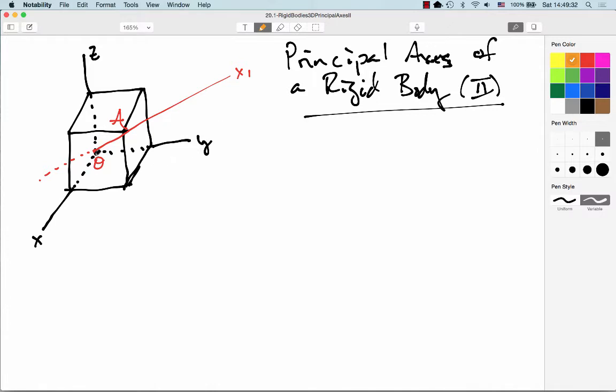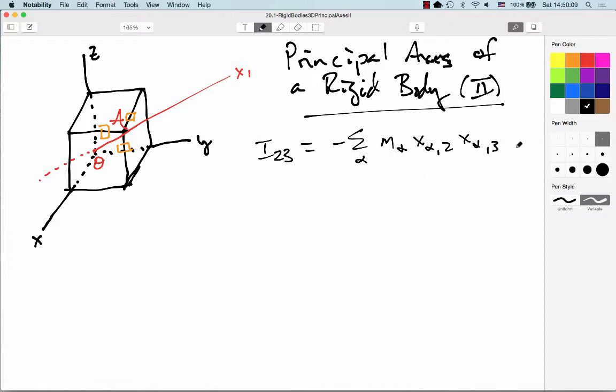For instance here, I could pick any x2 or x3 as long as they're perpendicular to each other and to x1. And it's clear that if I look at any triplet of points that are symmetric about A, for instance, this triplet will do, the 2, 3 product of inertia equals the sum over my masses, m alpha, x alpha 2, x alpha 3.